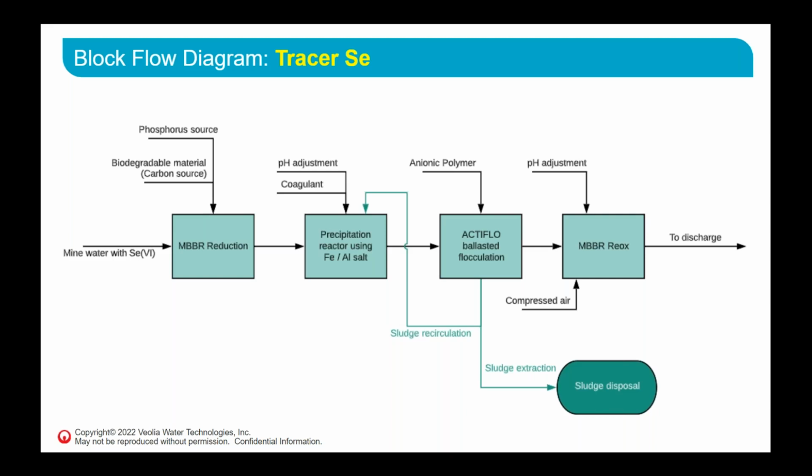This organoselenium fraction will be mainly removed in the MBBR reox right here. So the concentration of organoselenium released to the environment is very slight compared to traditional biological selenium removal, because we are creating less and we are removing most of it in this particular step.